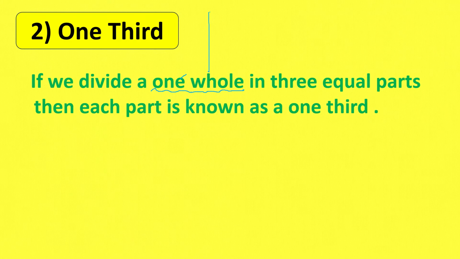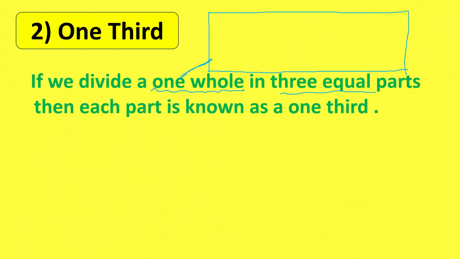It's an image of a rectangle, and we take a whole, bacha. Now we divide it in three equal parts.